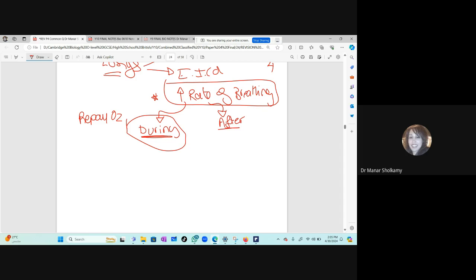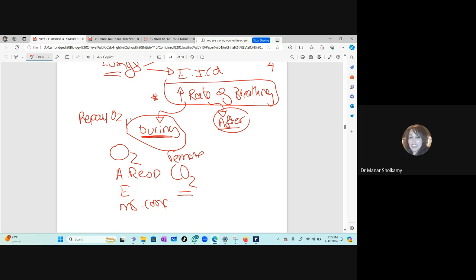If you are exercising, your rate and your depth of breathing will increase during the exercise. Why? To provide oxygen for aerobic respiration, to produce energy because your muscles want to contract, and also to remove excess what? CO2. Okay, so it does not build up inside the body because CO2 makes your blood acidic, and this is a big problem.